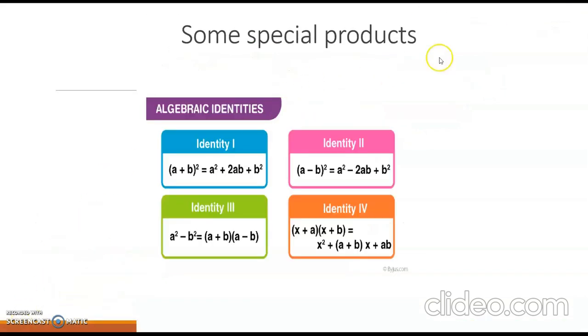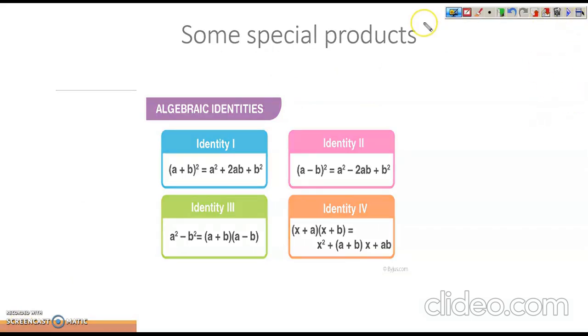Okay. So now let's look at some special products. Let's look at identities first. The first identity is (a plus b) whole squared.